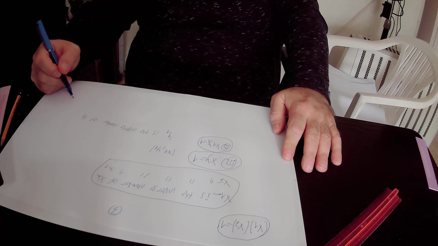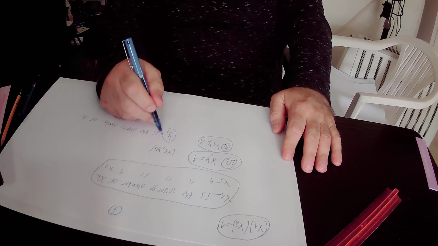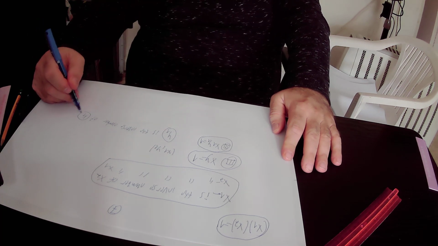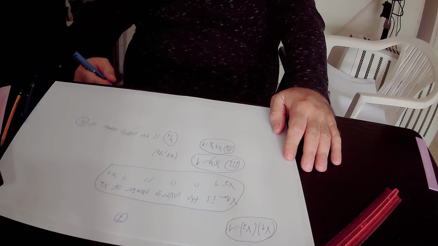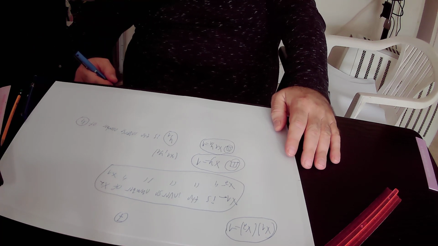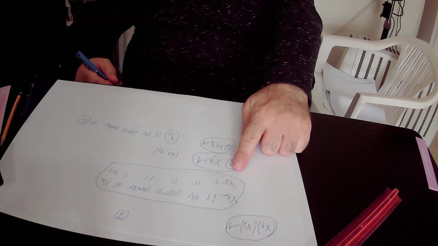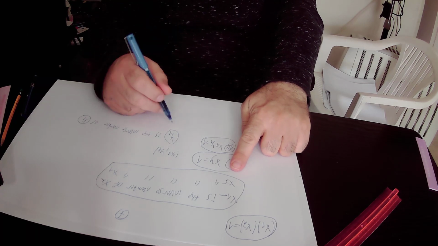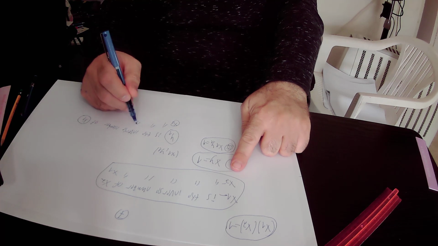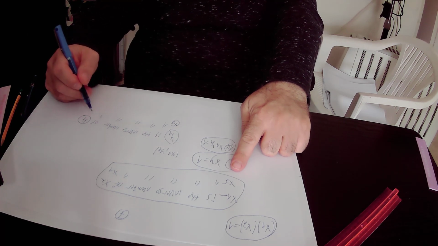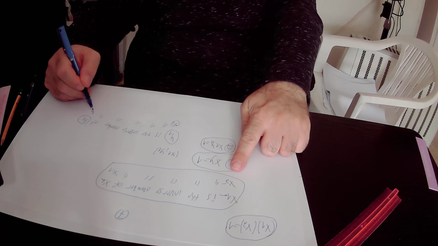Okay, y1 is the inverse number of x1, but according to what we already found out, x2 is the inverse number of x1.